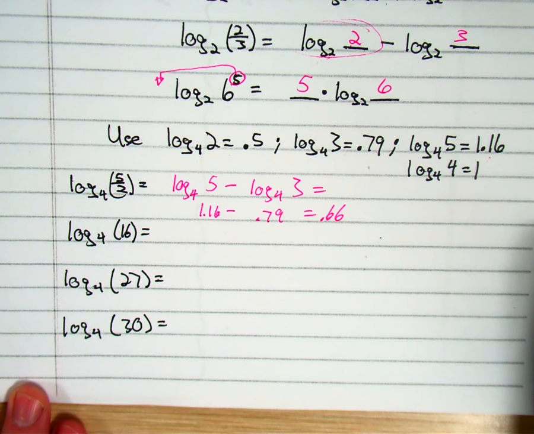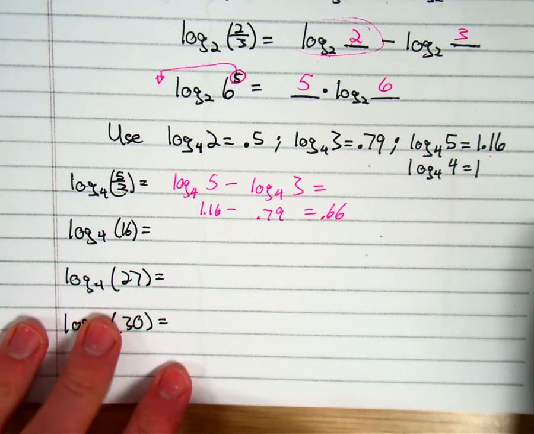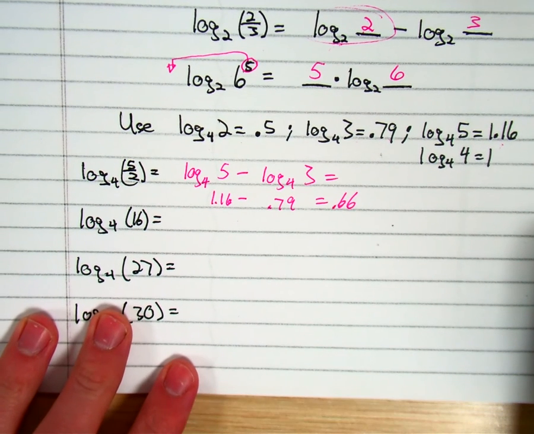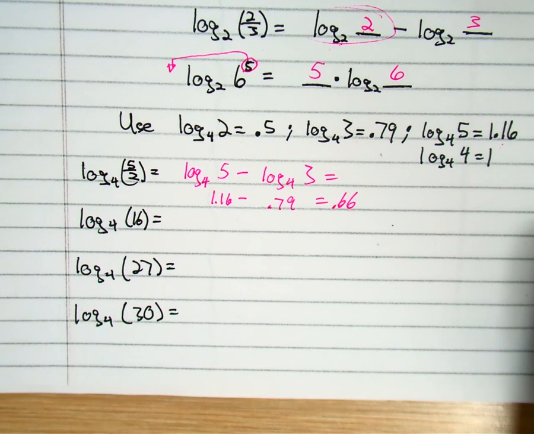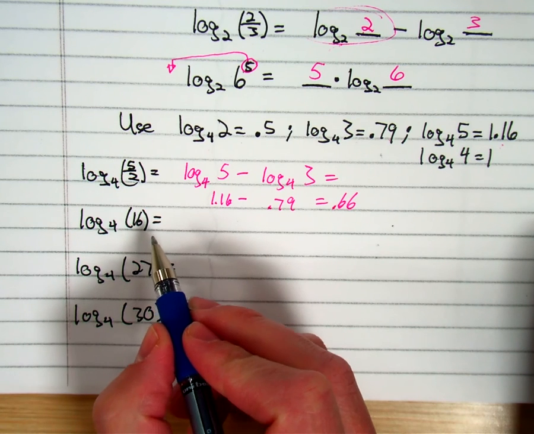Log base 4 of 16. I'll go with a different color here just so you don't get confused. Let's go with blue. 16. Well, I could go 2 times 8.